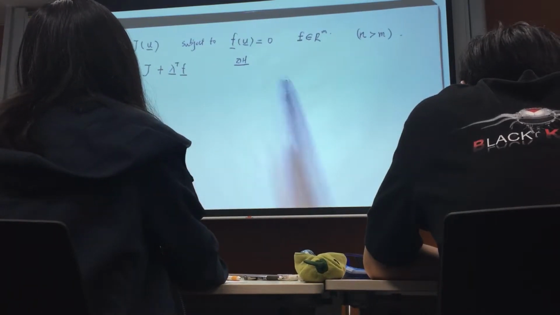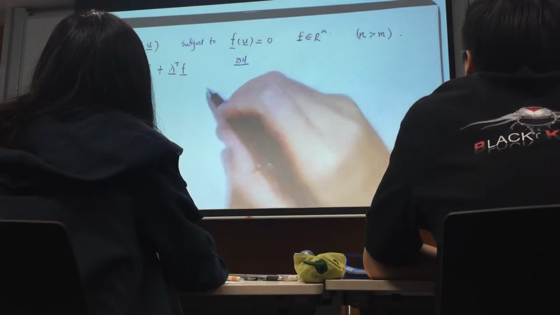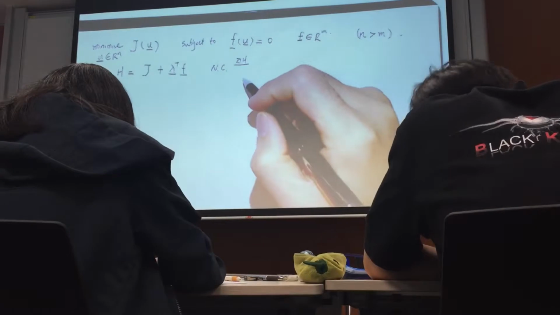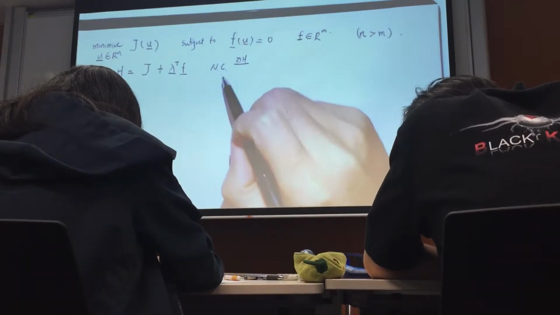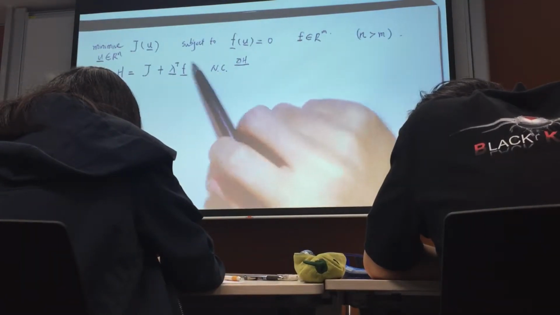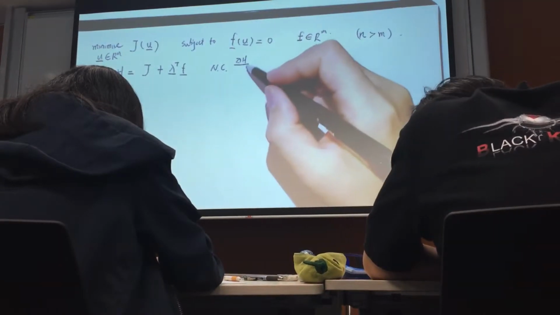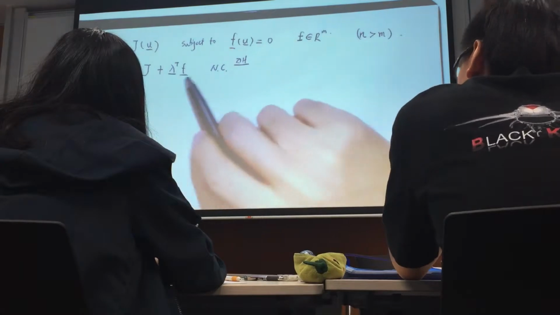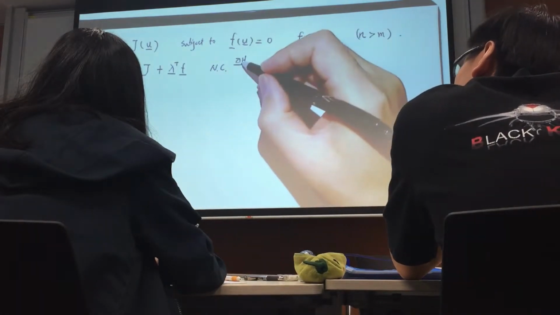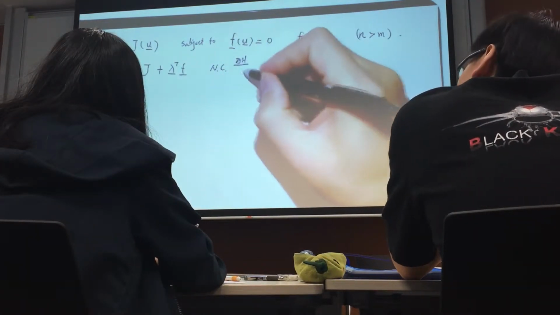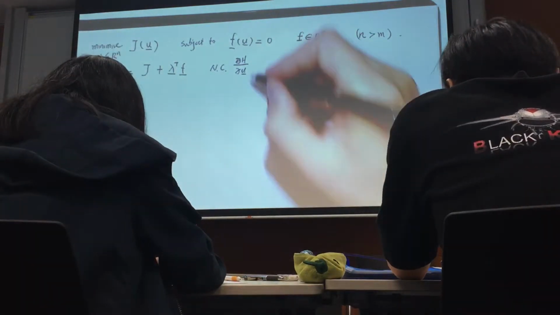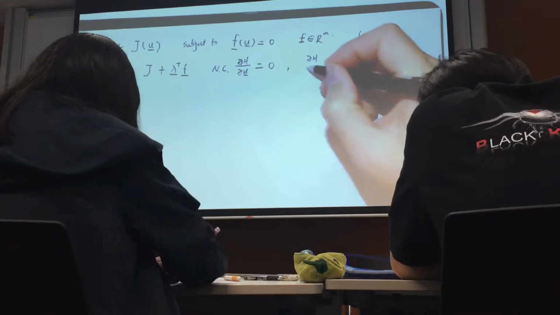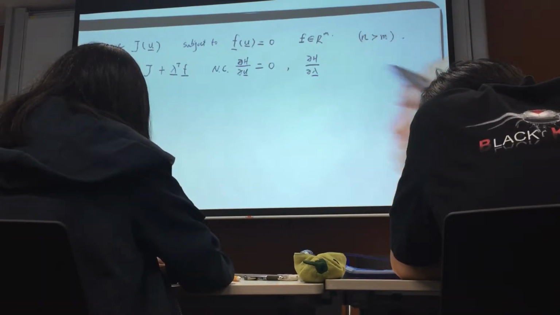Based on the necessary condition that we derived in the first part, we know the condition to achieve the minimizing point is the gradient to be 0. There should be two sets of gradients. The first set of gradient is dH/dU. This must be equal to 0. And secondly, dH/d lambda.